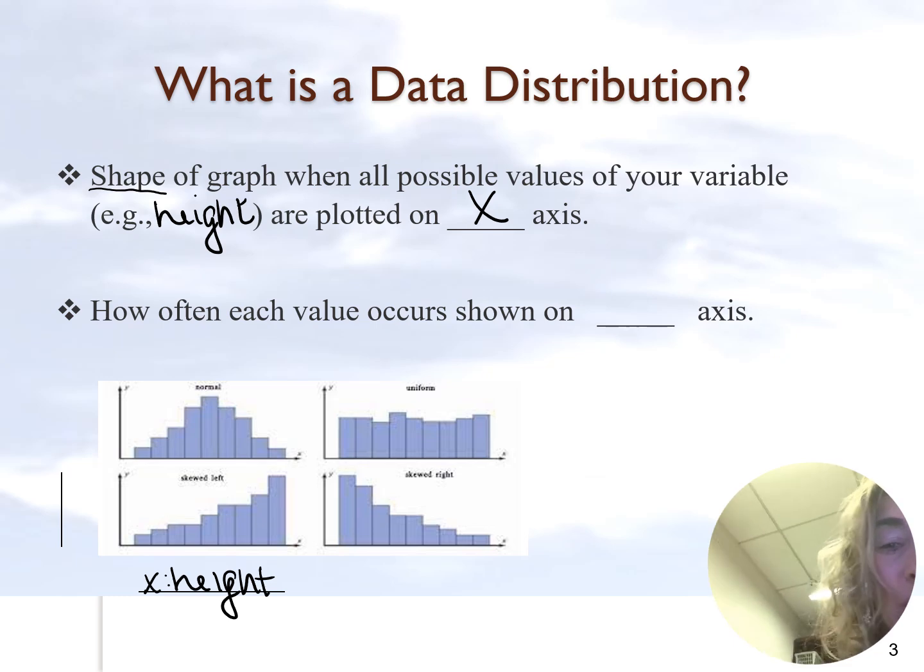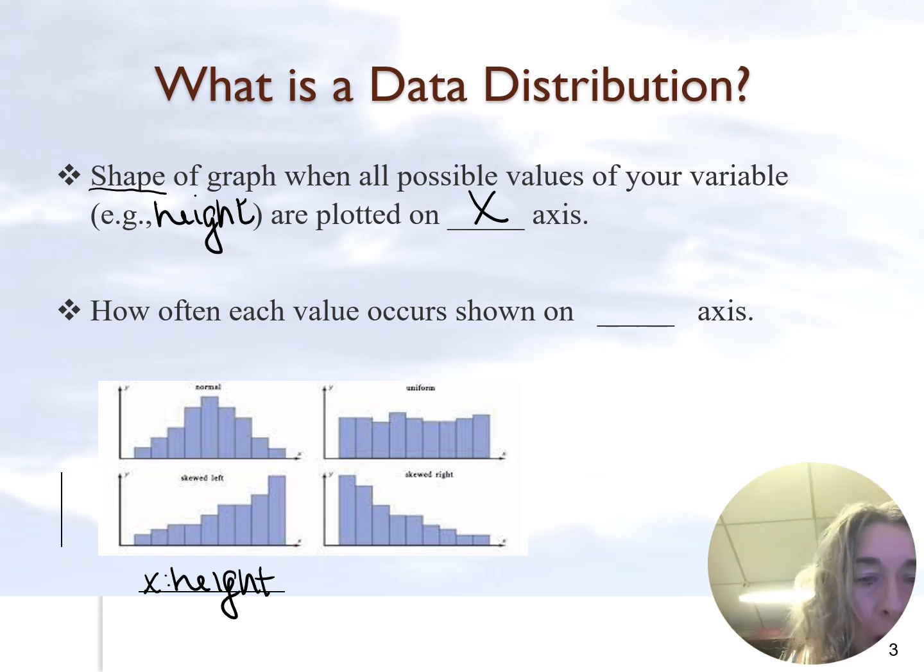And maybe those values, for example, range from 6 foot to 7 foot. Maybe we are measuring basketball players, for example. Now, how often each x value occurs, or each value of your variable occurs, is shown on the y-axis.